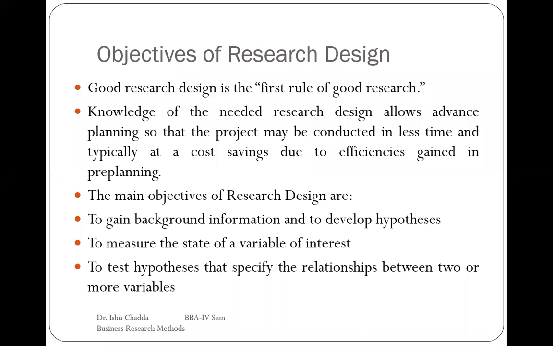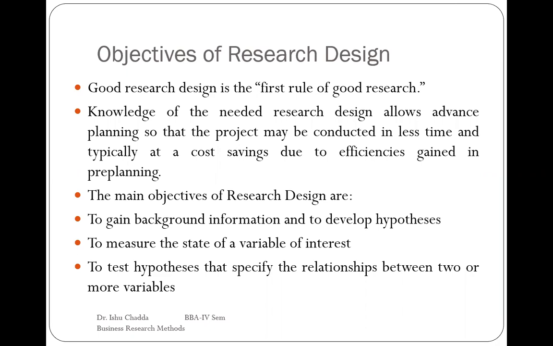The main objectives of research design are to gain background information and to develop hypotheses. You want to go with the detailed information, you want to set a statement, a research hypothesis, that sets statements for checking the fact between two or more variables, to measure the state of the variable of interest, and to test the hypothesis that specifies the relationship between two or more variables.